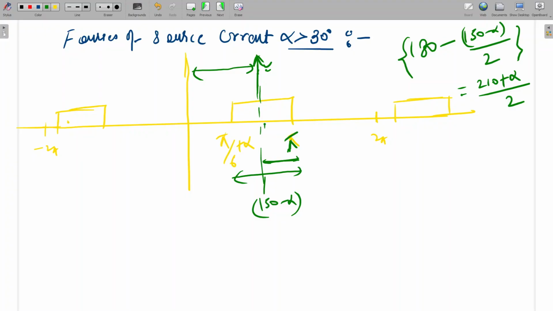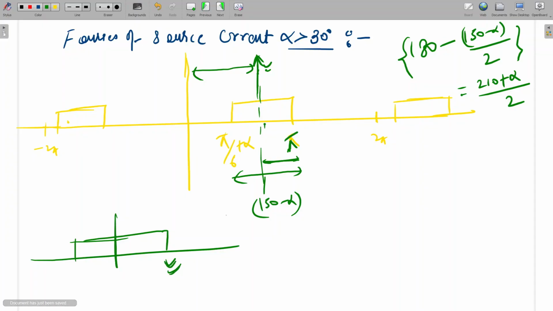Is it clear? So after the shifting, the waveform will be like this. What will be this value? From this we'll subtract this value. 210 plus alpha by 2 subtracted from 360. So 360 minus 210 plus alpha by 2.